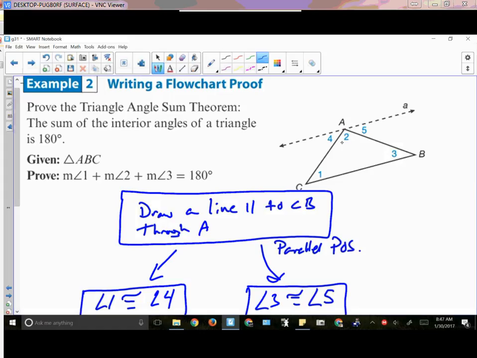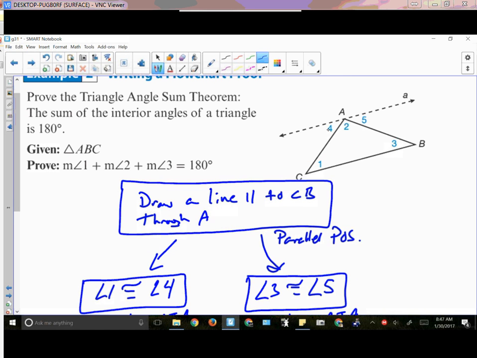So if I have all the angles on one side of a line, do they always add up to 180 degrees? Yes, they have to. They're on one side of a line. So, since I know they add up to 180 degrees, I know a triangle adds up to 180 degrees. I know 1 and 4 are the same, 5 and 3 are the same.